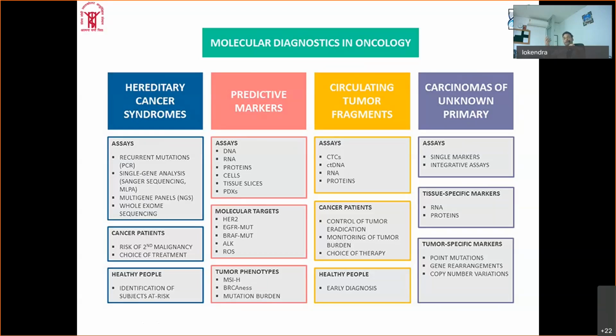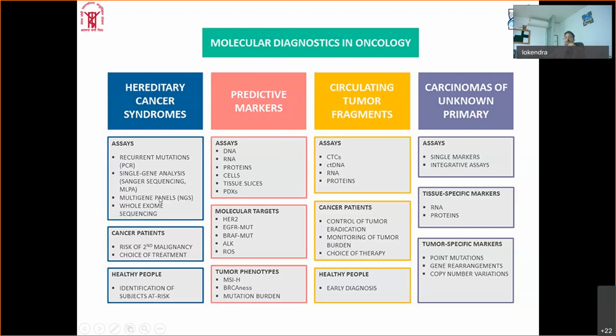If in a family there is a history of cancer, and somebody wants to know whether he or she is predisposed to a certain type of condition, they can always go for molecular diagnostics. Whole exome sequencing is one of the methods that can be used for identifying hereditary cancer syndrome, and also in cancer patients.